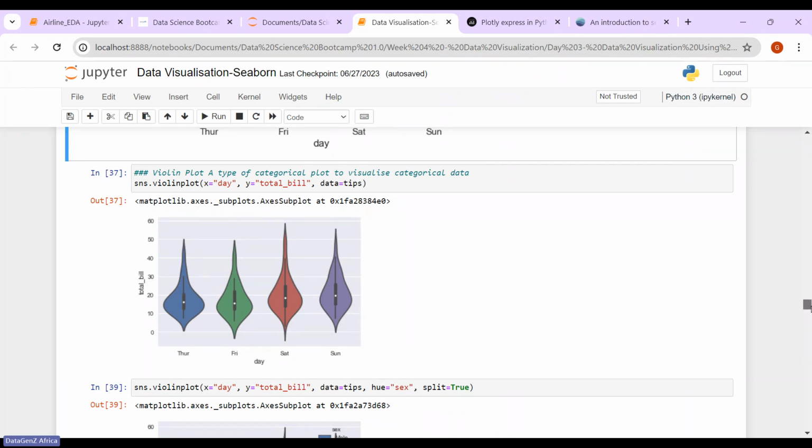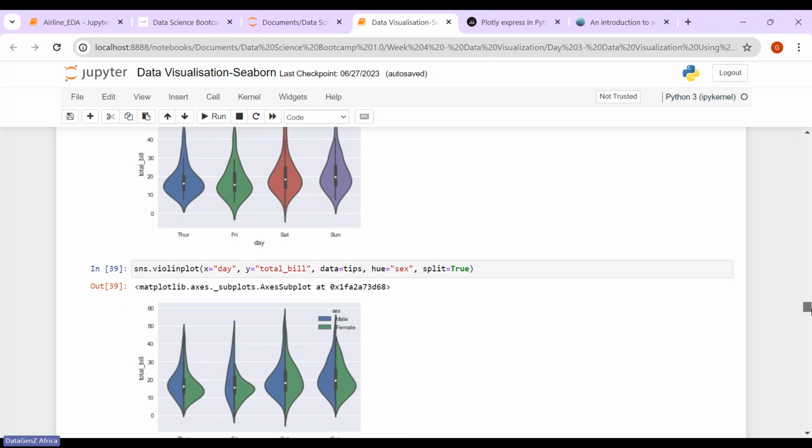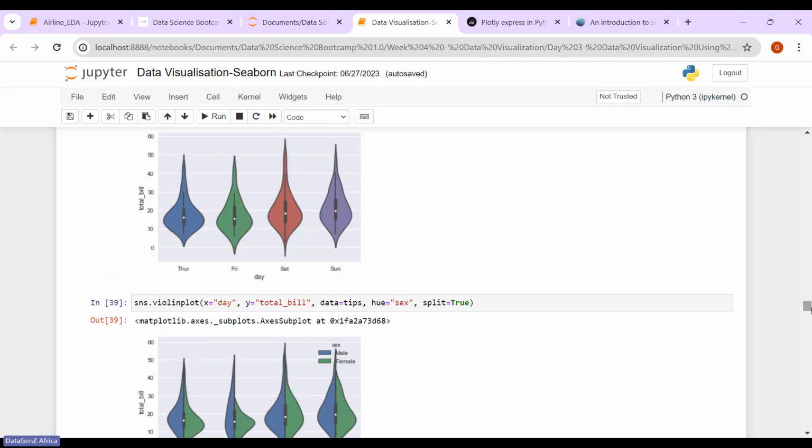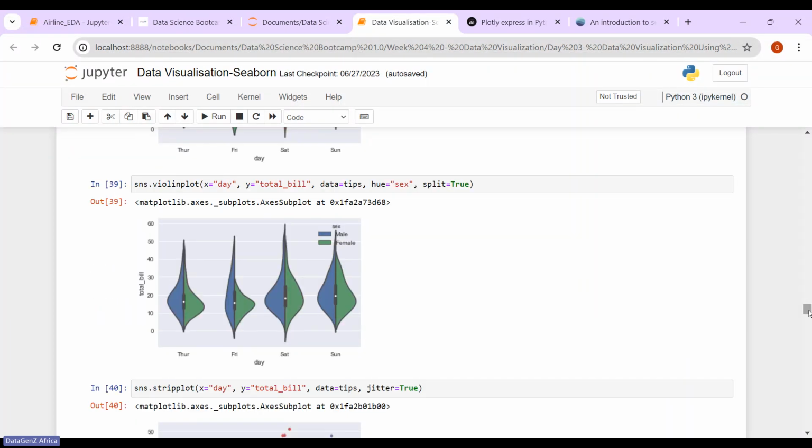Let's look at our violin plot for total bill with hue introduced. When you introduce hue, now you can see that the orange is looking different. You can see here that more females eat on Friday compared to males.